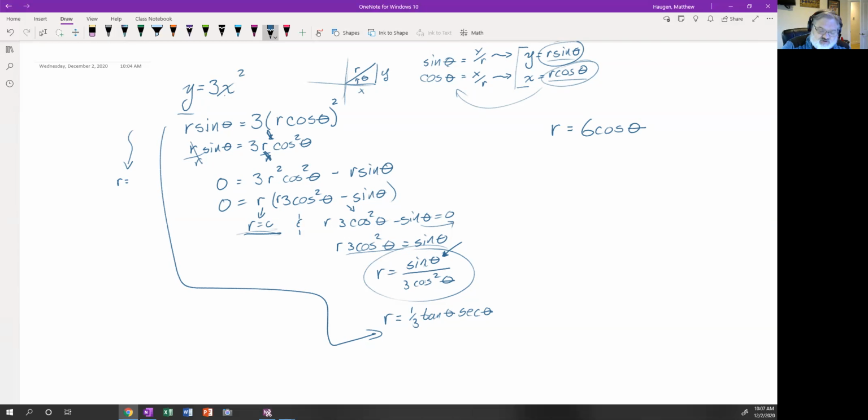Our conversions for going the other direction are the same conversions here, with the added knowledge that x squared plus y squared has to equal r squared. Well, that's always been true. The x squared plus y squared equals r squared just says the Pythagorean theorem holds, right?